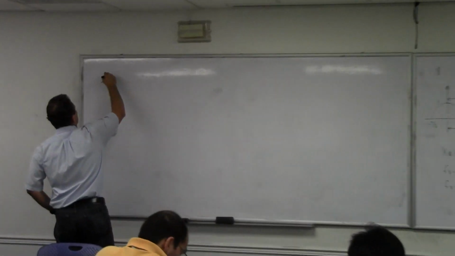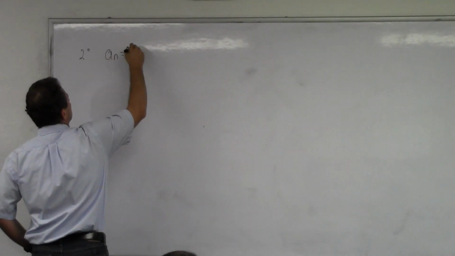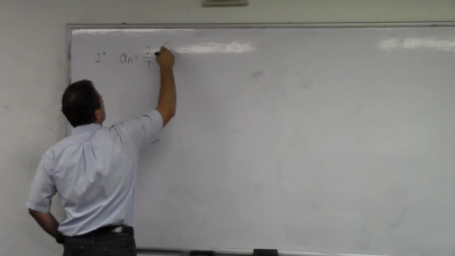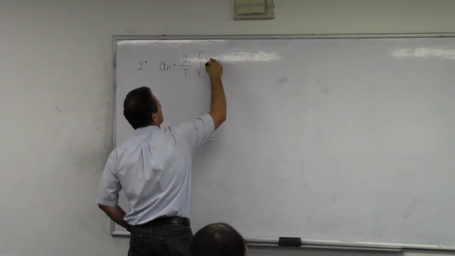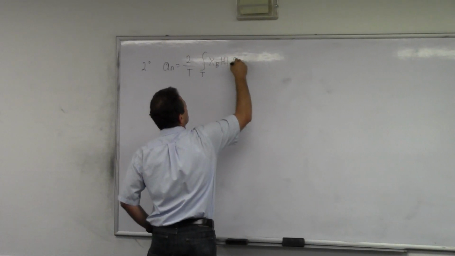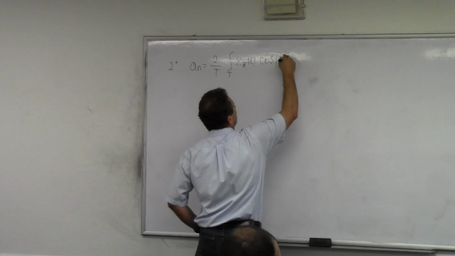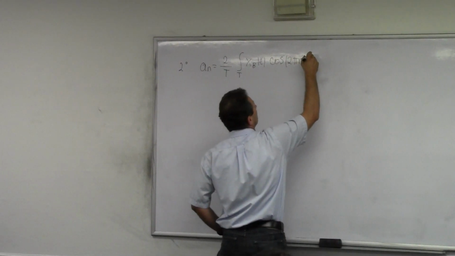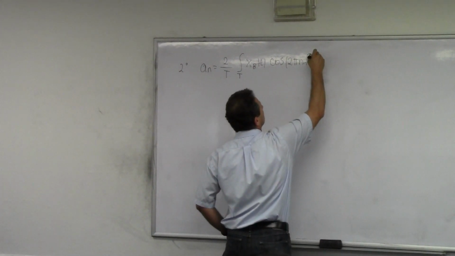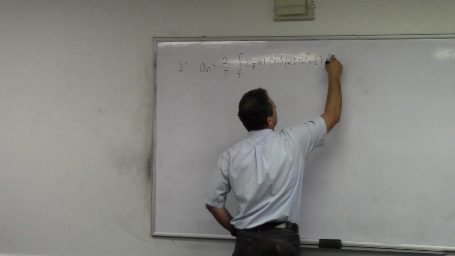Now, An is equal to 2 over the period, integral over the period, x of t times cosine 2 pi n f_x t dt.